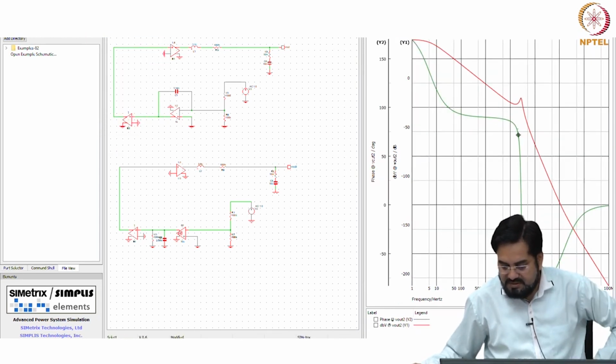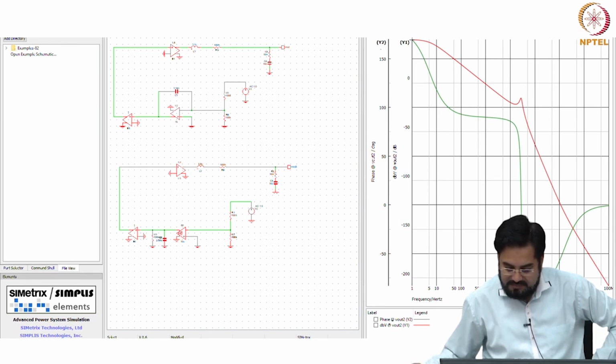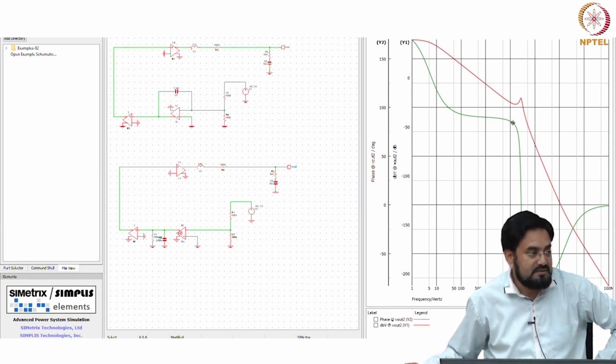So, this is your resonance, okay, and this is your phase. So, due to negative feedback, if you look here, actually this is your resonance, okay.